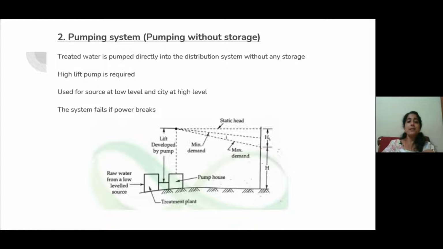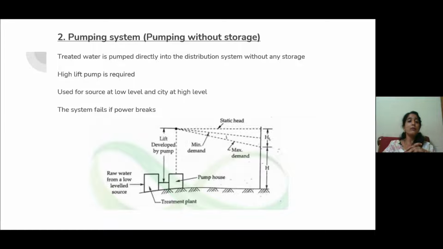Then the pumping system, that is, pumping without storage. We accept this system only if the source of water is at a lower elevation, and the locality to which the water is to be distributed is at a higher elevation.